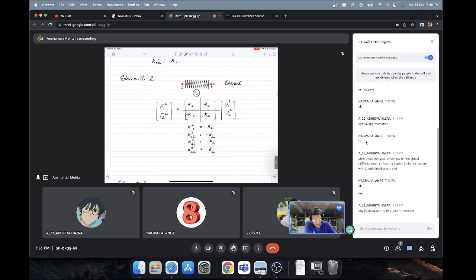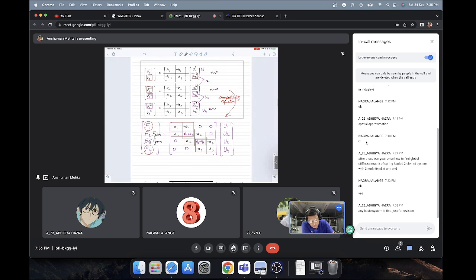For example, on my iPad I can just copy and paste. I take this expression and put it here, and similarly this comes here, and this comes here, because I know that these two are the same and these two are the same. This is called the compatibility equation when we go from local to global.